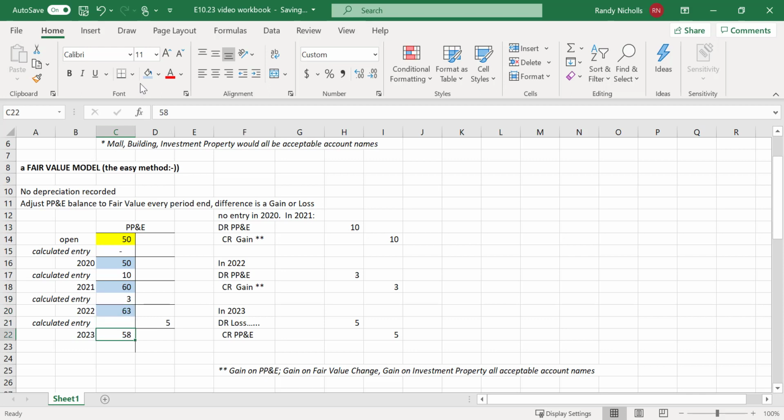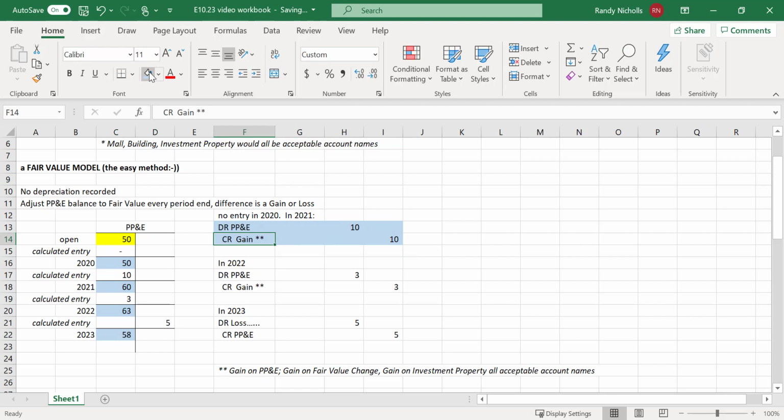Okay, so all we need to do, we need to record an entry to force the PP&E account to be the fair value. So in 2020, there is no entry because it's still at 50. In 2021, I need a $10 million debit to PP&E to make the balance work, right? To go from 50 to 60, I need to enter 10. So there's my entry. Debit 10.